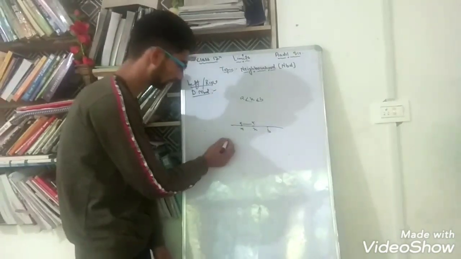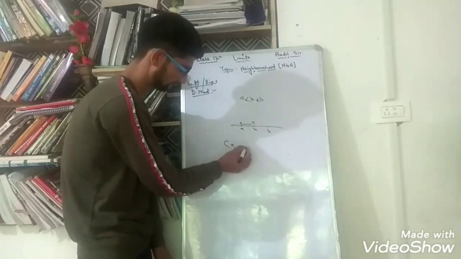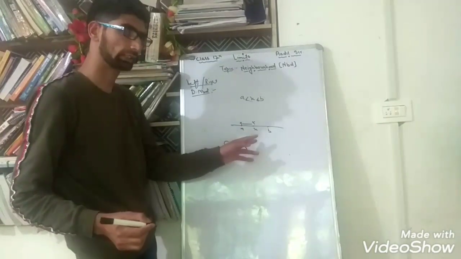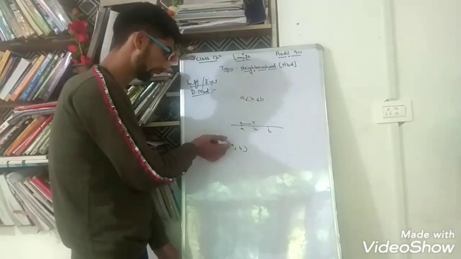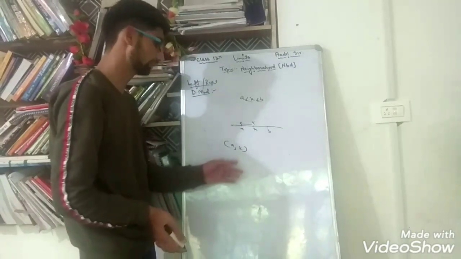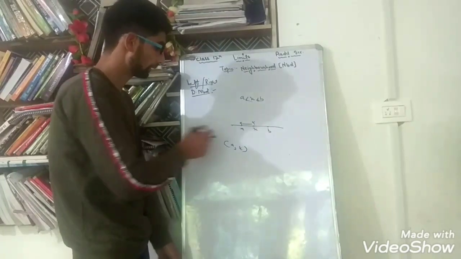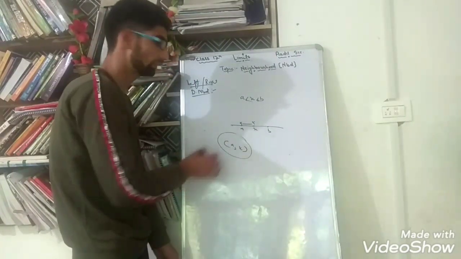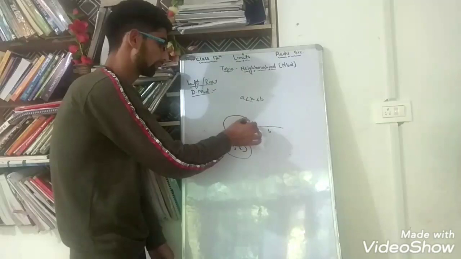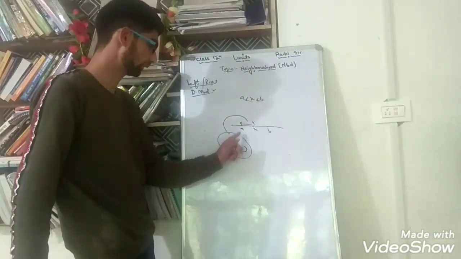For example, if we take the open interval a, x, we know that open interval of a comma x means this a and x are excluded from the set. This open interval is called the left deleted neighborhood of x, because we are deleting here the element x from the interval.